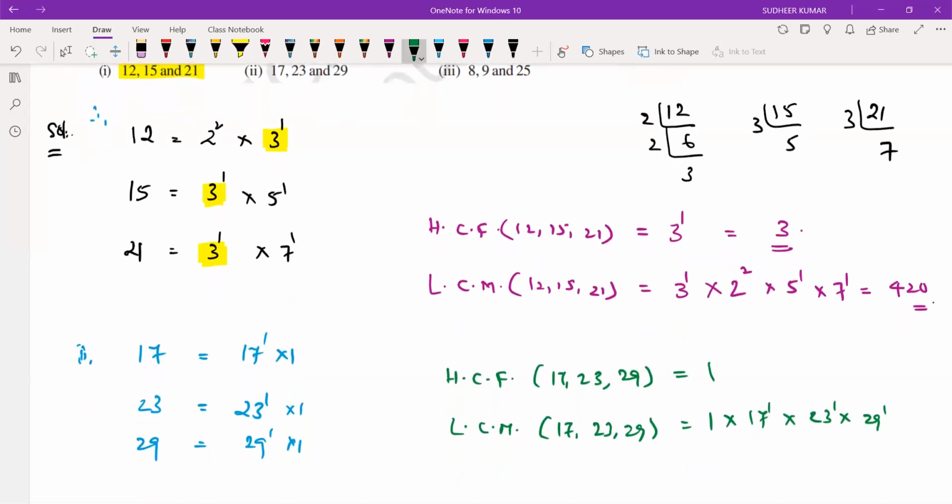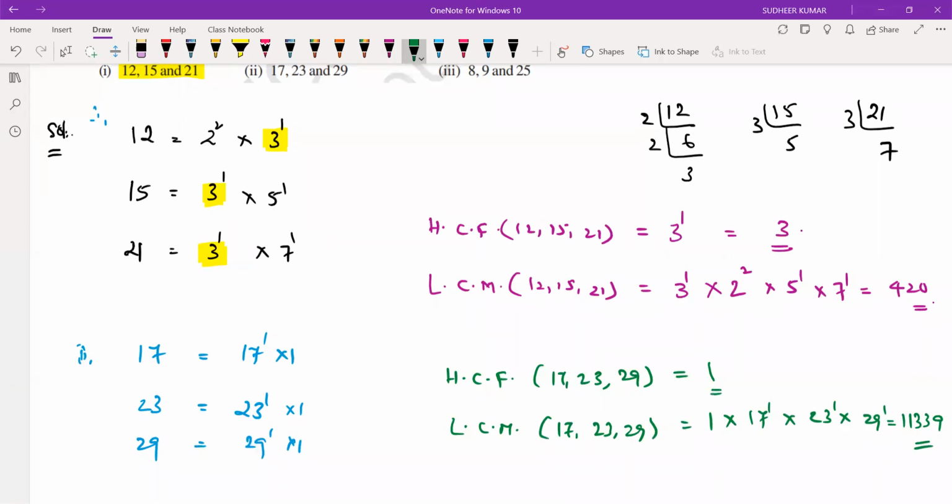What do we get as the result? 11339. So write 11339. This is the LCM and this is the HCF.